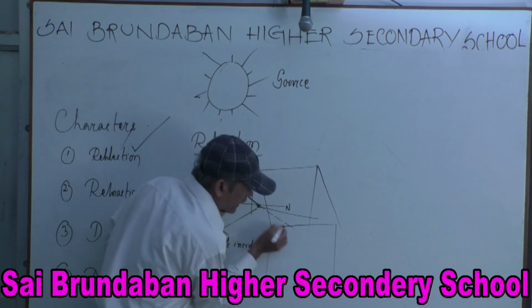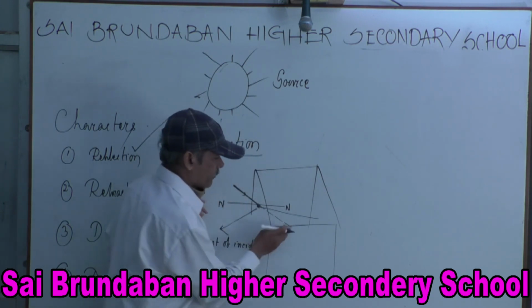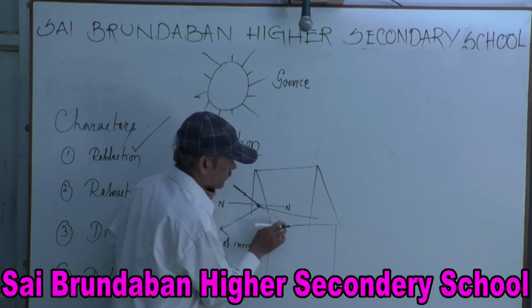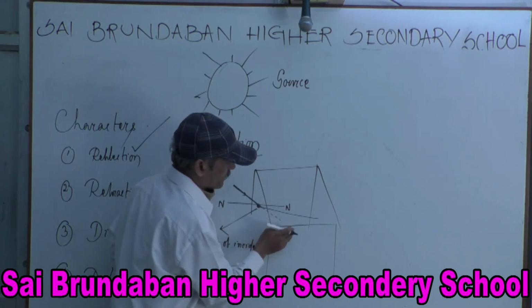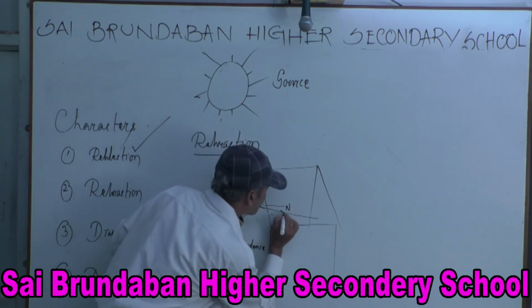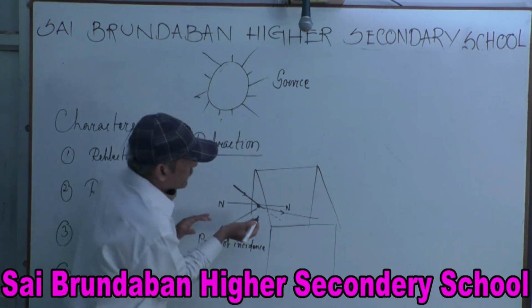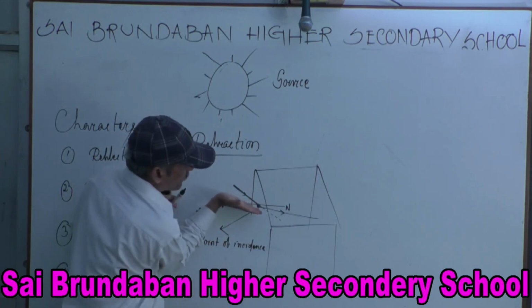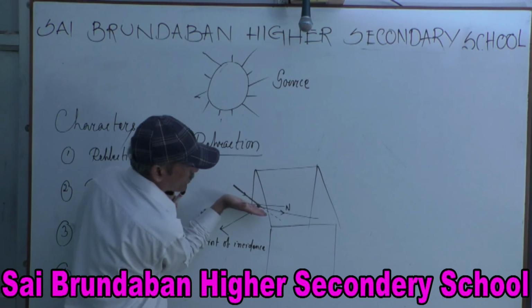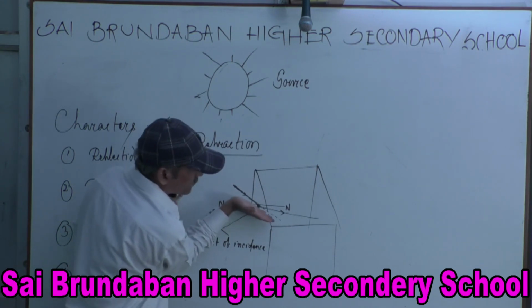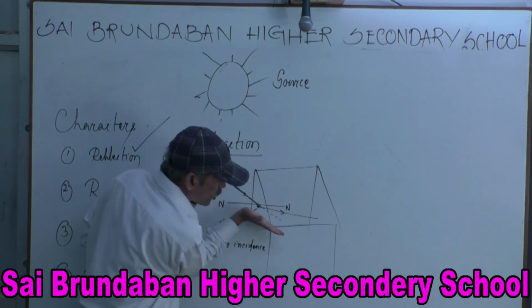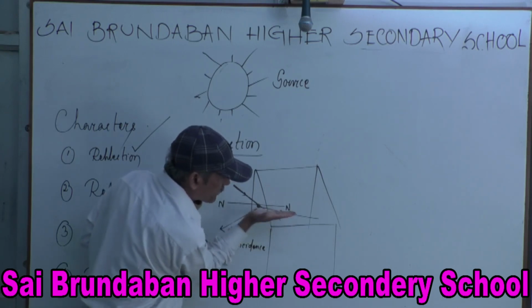It would have moved in this direction, but won't. It will move in this way. So you see, there is a deviation of path. The incident ray could have moved in this direction, but it bends toward the normal. This is called the deviation of path.